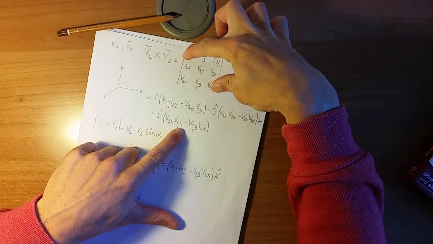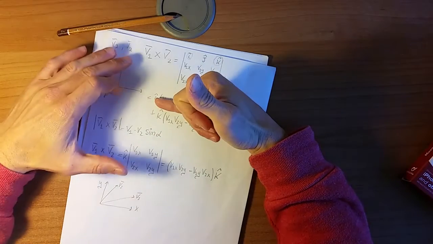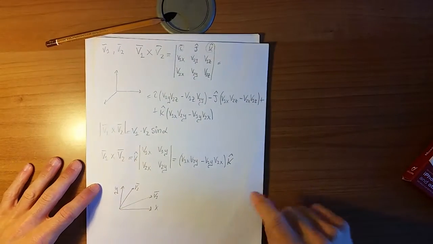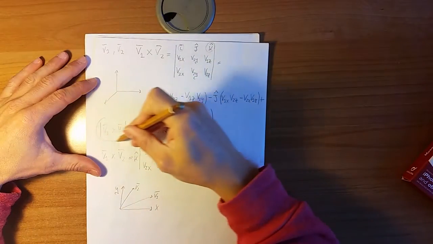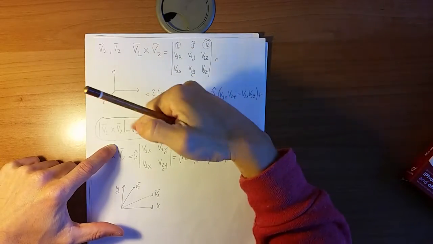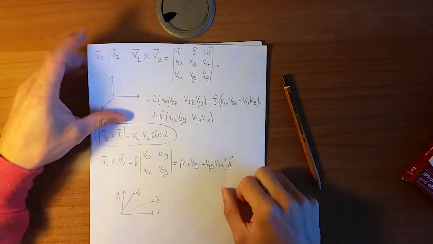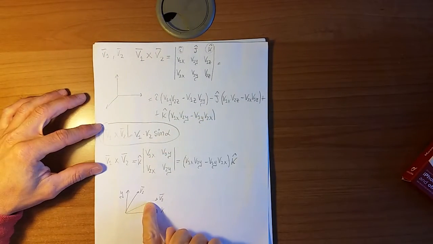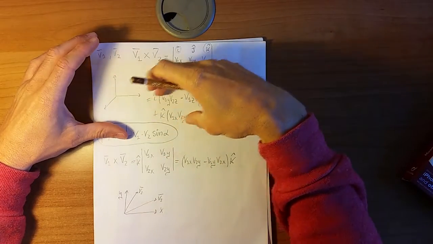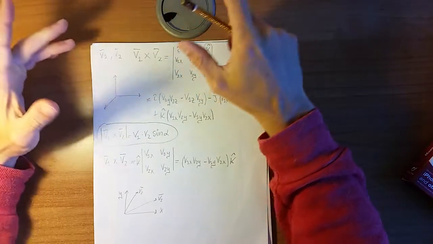So the first definition, as you can see, reduces to this one if we have vectors which belong to a plane. But now we will prove the relation that I wrote down right here. So starting from the definitions, we want to prove this relation right here. And we will do that by using the vectors that I drew here on a plane, because it's easier, but the same result could be obtained by using this more tricky definition if the vectors do not lie on a plane but they lie in space.